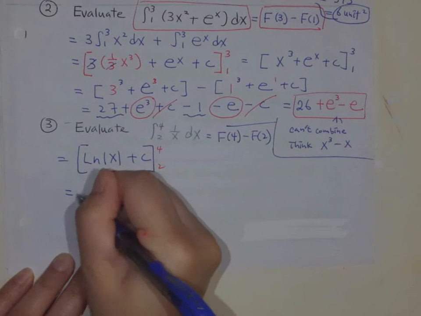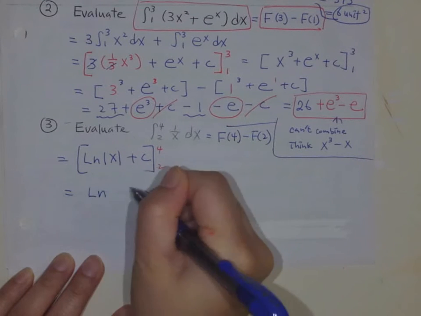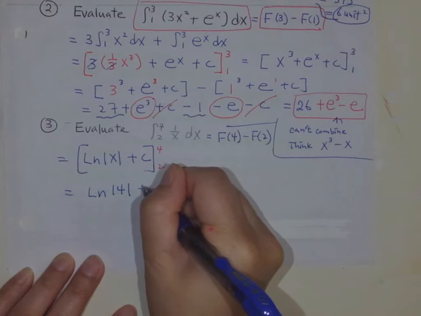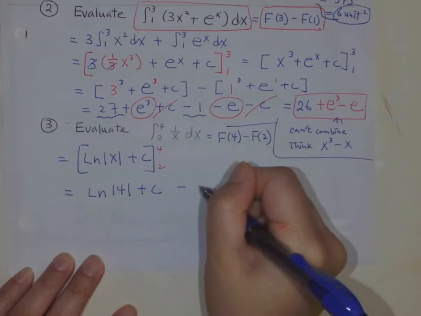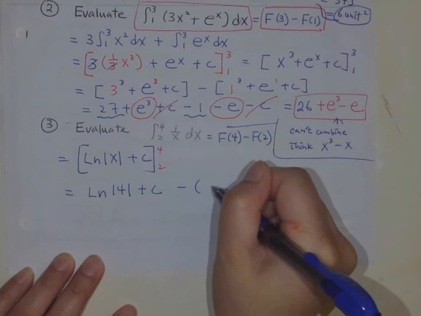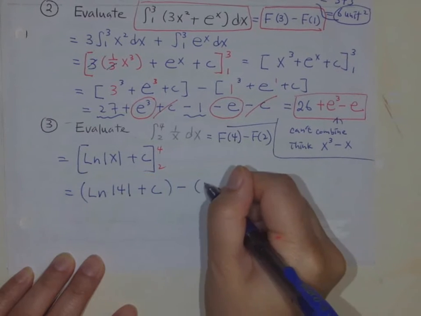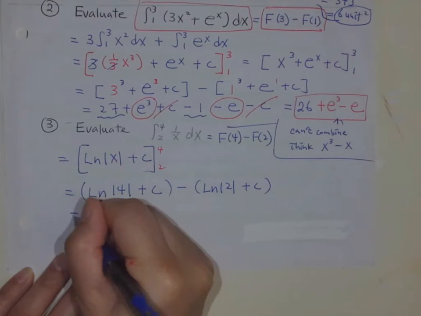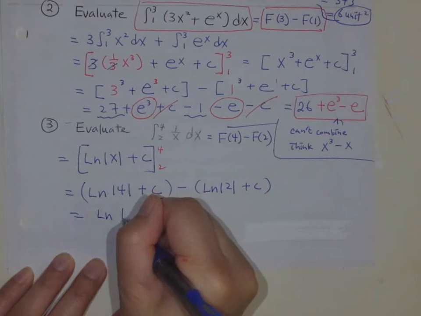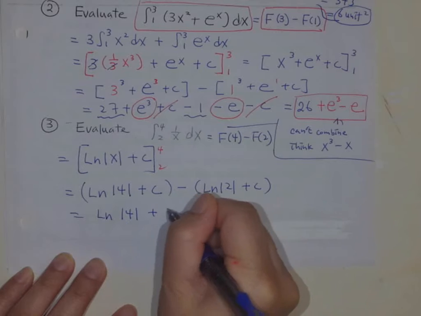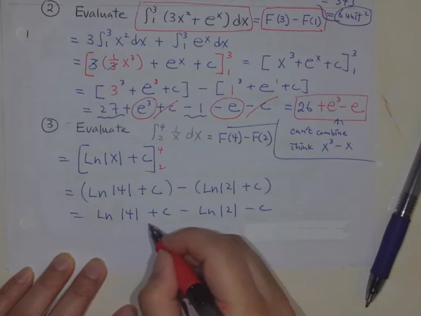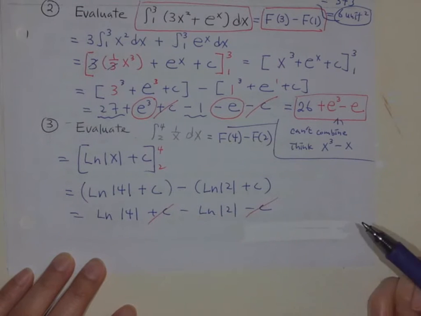So that would be ln of 4 plus c minus ln of 2 plus c. Again, if you don't want to write a c, that's perfectly okay.